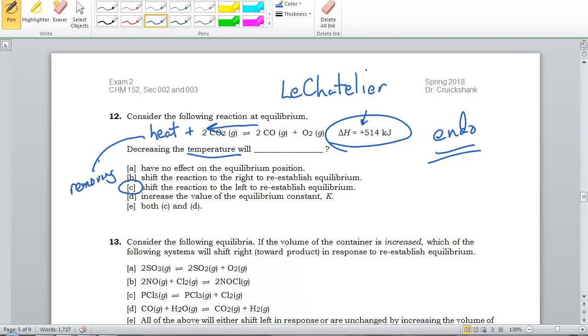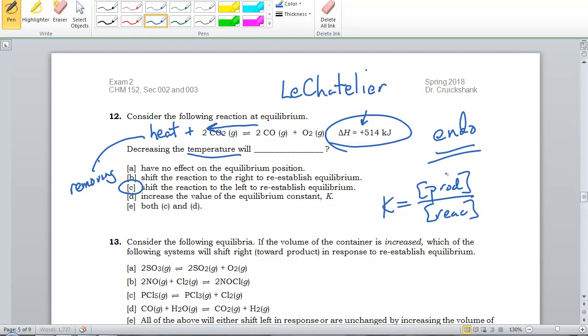Now, what about D? Generally, the equilibrium constant is a constant, but it's only a constant for that reaction at a given temperature. If you change the temperature, the equilibrium constant changes. So in this case, if it shifts left, product over reactant, okay?